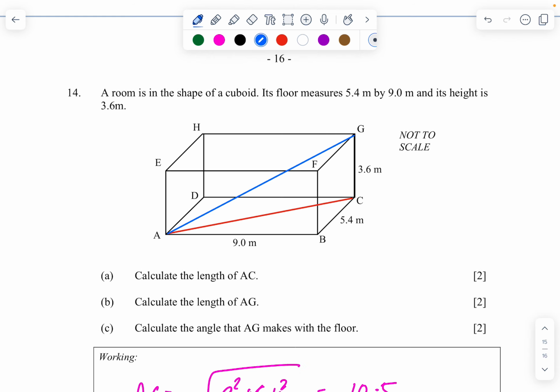Calculate the angle theta. So we are going to use tan theta.